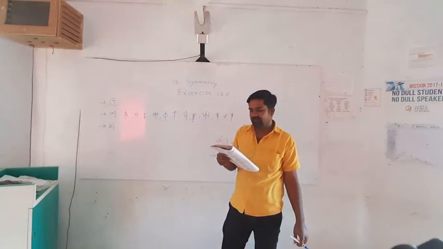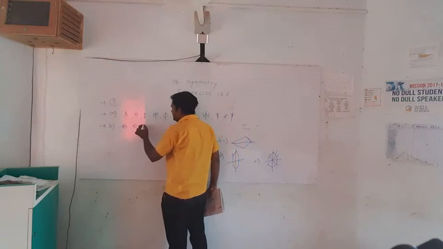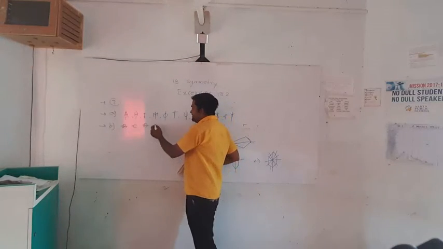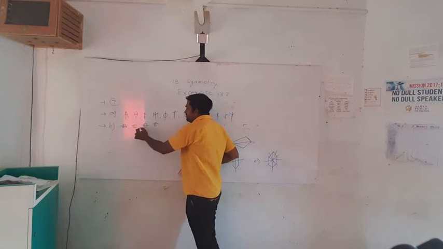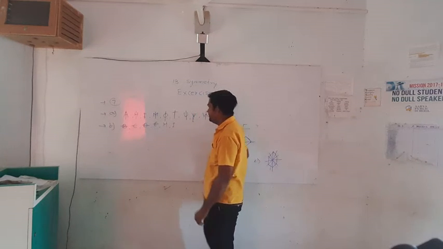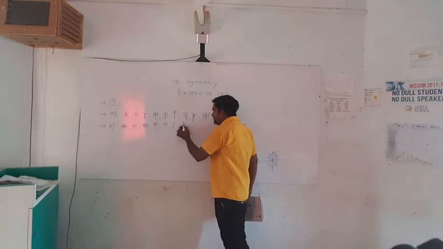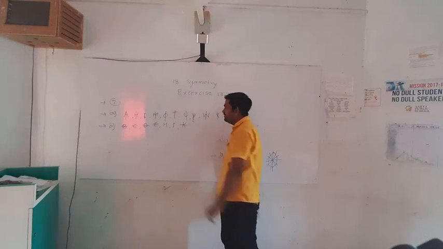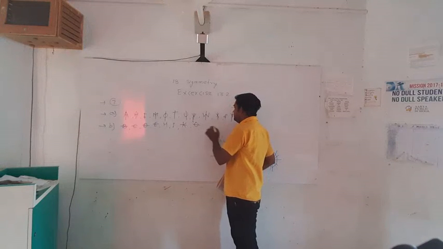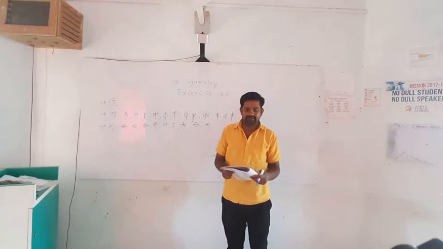Now see question B: horizontal line of symmetry. So the first letter is B. B has a horizontal line of symmetry. C, D, yes, B, C, D, E is also, H, I, J not, K not, yes, capital K, yes, O and X. These letters have a horizontal line of symmetry.